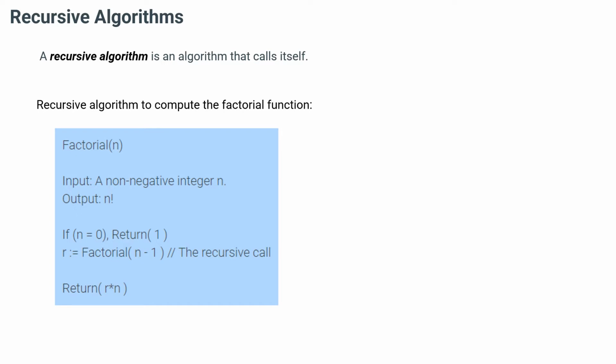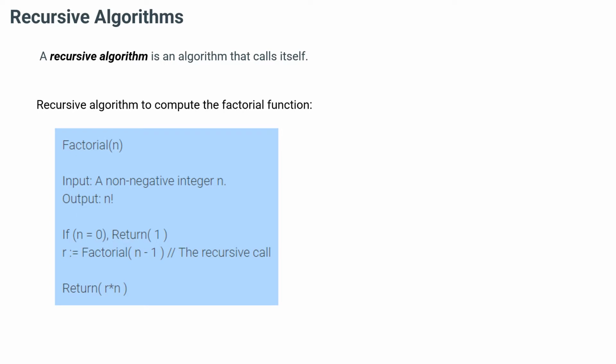Then, whatever gets returned for factorial of n minus 1, notice in the return statement, it says return r, which is the factorial of n minus 1, times n.